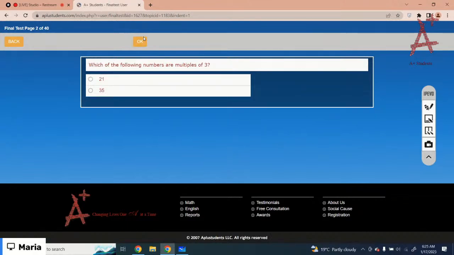Okay, the next one is which of the following numbers are multiples of 3? So which is the correct option, 21 or 35? Multiples of 3 means the number that can be completely divided by 3. Got it? So which is the correct option?